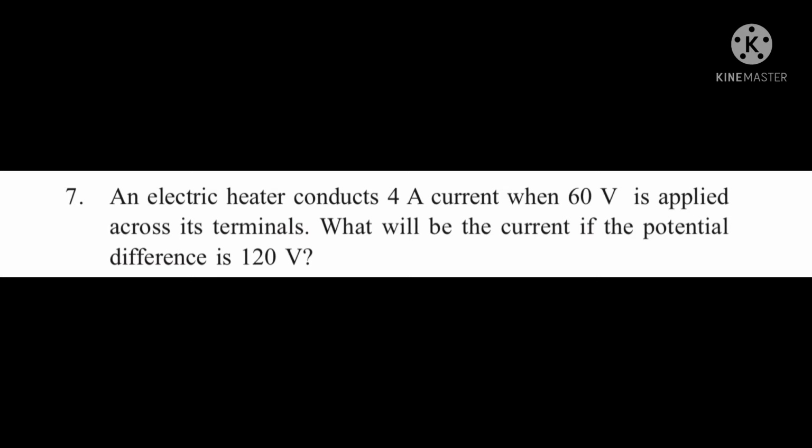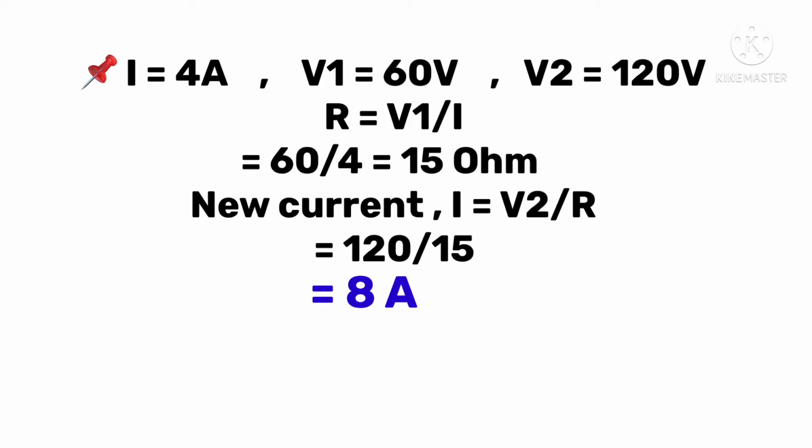Seventh question. An electric heater conducts 4 ampere current when 60 volt is applied across its terminals. What will be the current if the potential difference is 120 volt? Here I equal to 4 ampere, and let the first potential difference be V1, which is equal to 60 volt, and the second potential difference V2 equal to 120 volt.